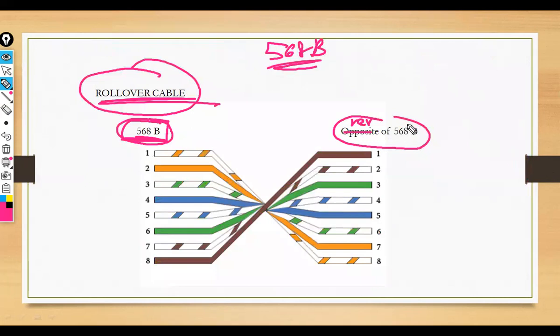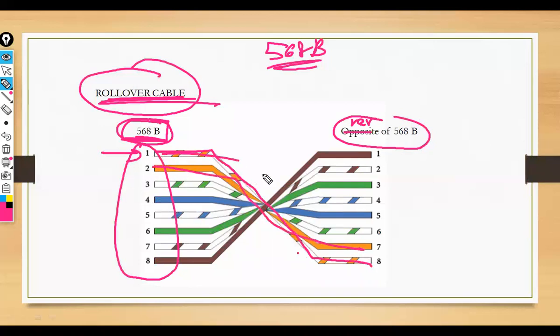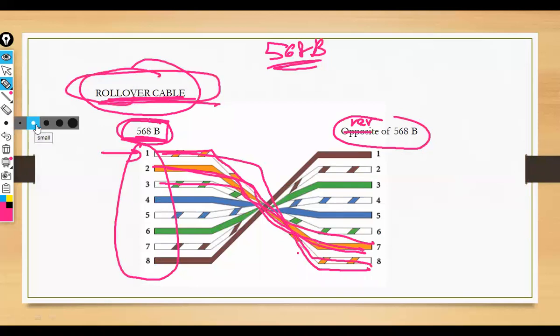It'll just be the reverse, as if I have just rolled it. So whatever is coming first will be coming as the last here. So 1 is connected to 8, 2 is connected to 7, 3 is connected to 6, and so on. Clear? So this is the rollover cable.